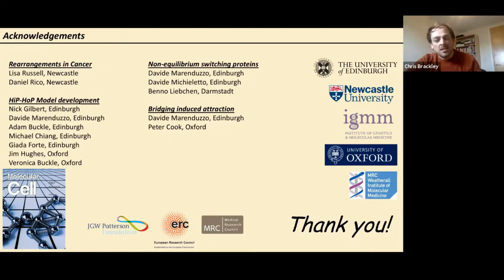In the simulations I showed you, they were always spheres with an isotropic interaction, so maybe that's not that realistic, but we've done other simulations with more of a patchy protein model with discrete binding sites. So long as you have two or more binding regions on the protein, you can form a bridge, and so you see this bridging-induced attraction effect. And the more binding sites you have on the protein, the stronger the effect is.